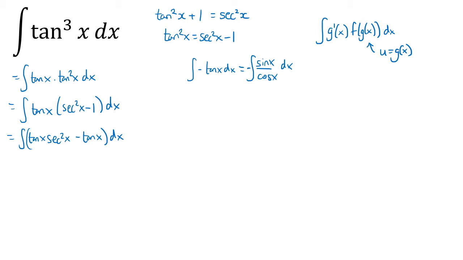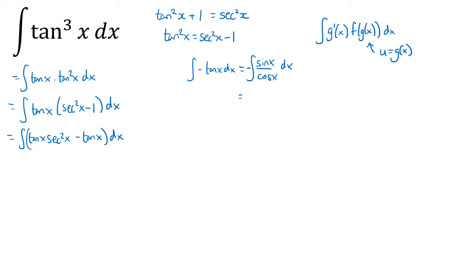So let's look at what we've got here. We've got sine x and cos x. So what we want to look at is the cosine x on the bottom here. What's the derivative of that? And the derivative is minus sine x, which appears on the top as a multiplier.